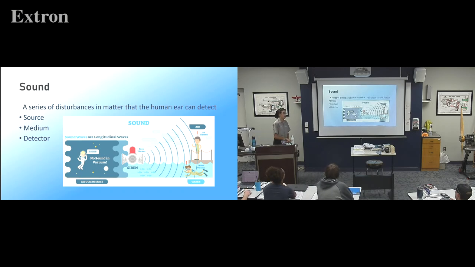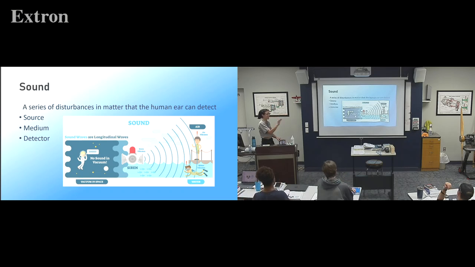Now, we'll talk about sound. So, by definition, sound is a series of disturbances in matter that the human ear can detect. That's what the textbook is using for a definition. There's a whole argument if a tree falls in the forest and nobody's there, is there still sound? We won't get into that.